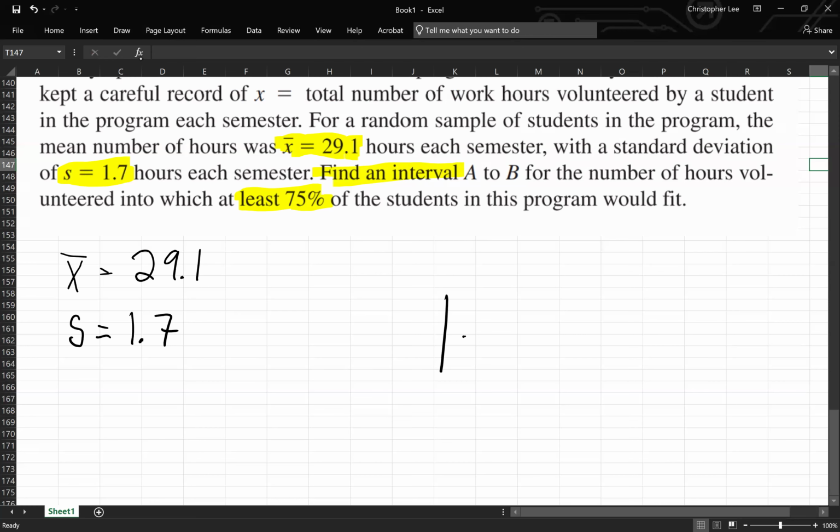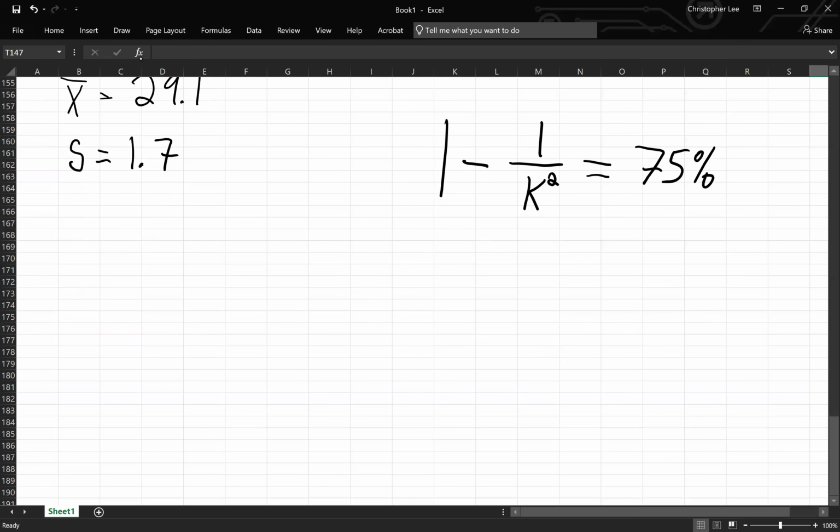The formula is 1 minus 1 over k squared. I want to solve for k. And I know that I'm looking for 75% of my data. Just do a little arithmetic and then you'll solve for k. This is not so bad, right? So this becomes 1 minus 1 over k squared is equal to 75 over 100.